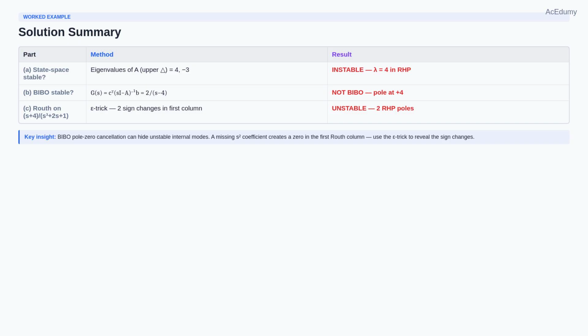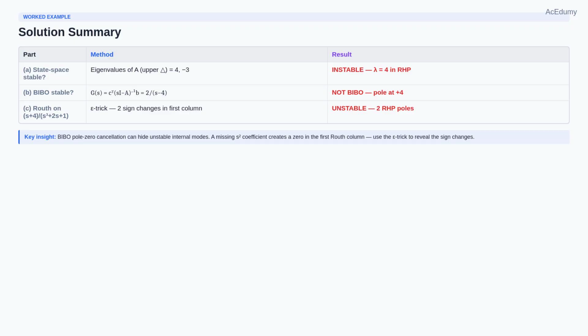Let us summarize. 3 stability checks. Part A, internal stability from state space. A is upper triangular with eigenvalues 4 and -3. Eigenvalue 4 is in the right half-plane, so the state space model is unstable. Part B, BIBO stability. We derived the transfer function g equals 2 over s minus 4 with pole at +4, not BIBO stable.